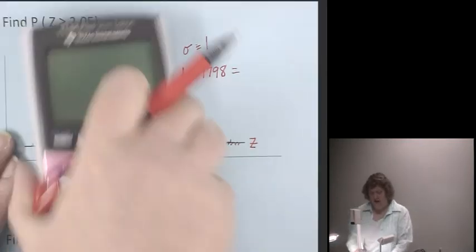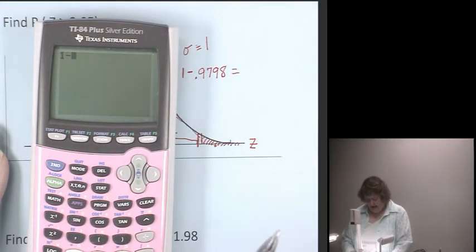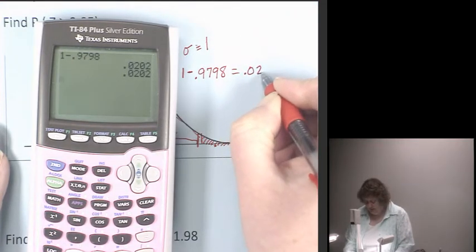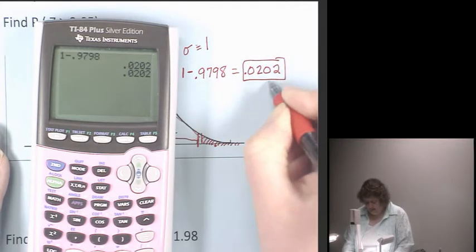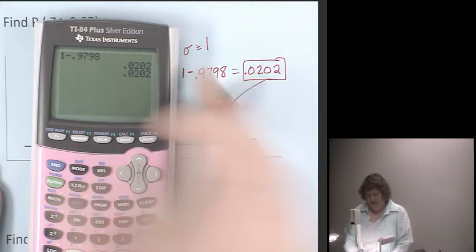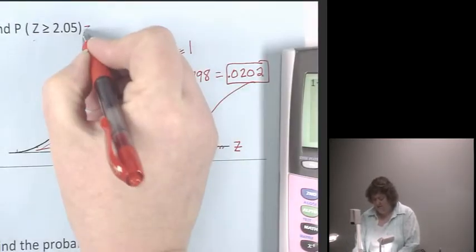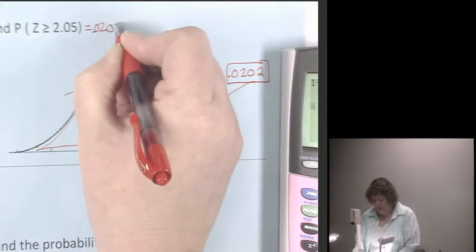So we simply will take our calculator, 1 minus 0.9798, and we'll get 0.0202. And that'll be the part that's here. So the probability that z is greater than 2.05 is 0.0202.